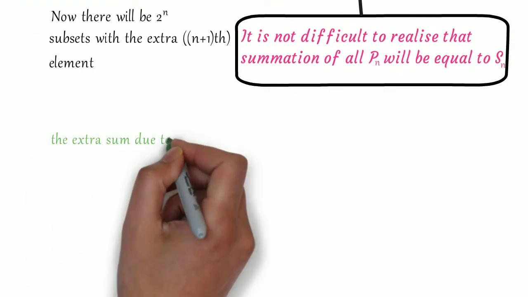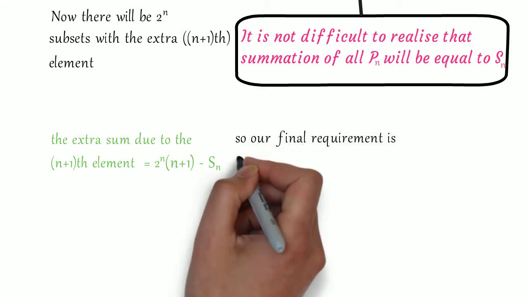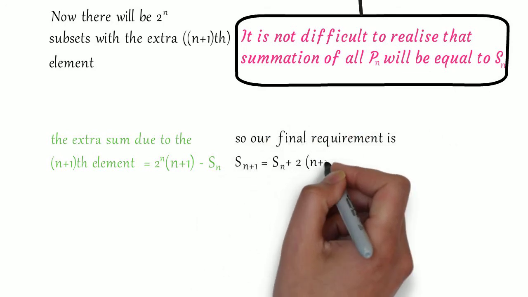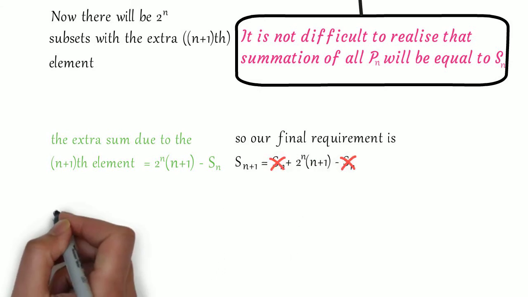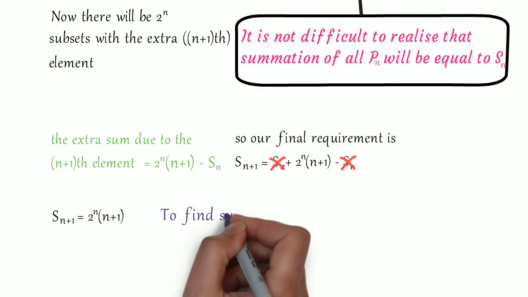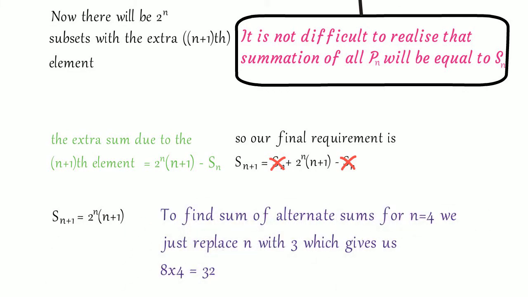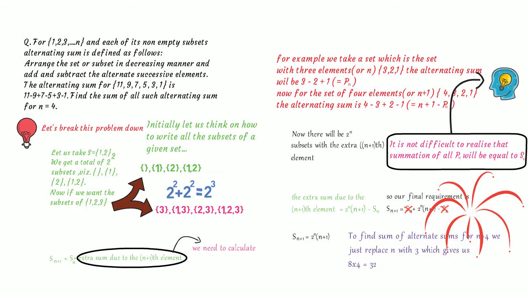So this extra sum equals 2 power n into n plus 1 minus Sn. So our final expression for Sn plus 1 equals Sn plus 2 power n into n plus 1 minus Sn. Therefore, substituting n equal to 3, we get S4 equals 8 into 4, and that's 32. Thank you.